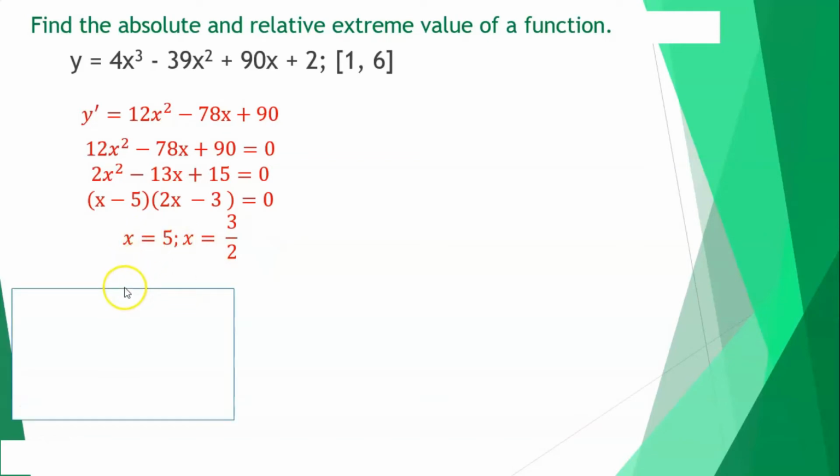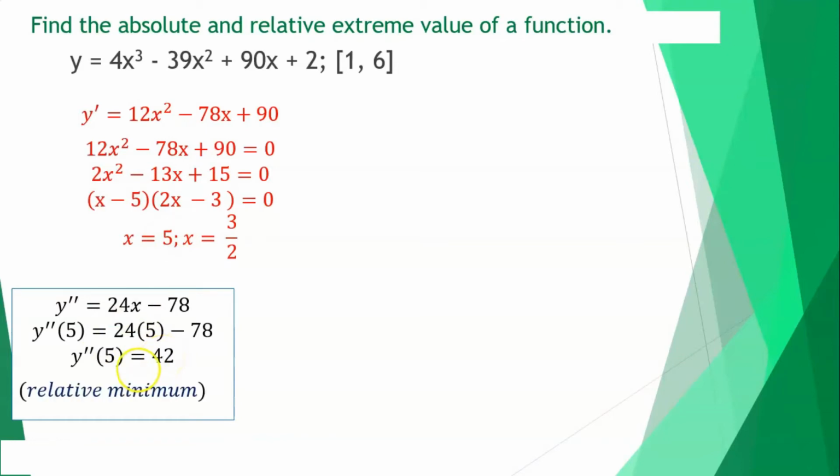Now getting the second derivative of this one, the derivative of this is 24x, derivative of this is negative 78. Now substituting x here by 5, we will end up with positive 42. So since 42 is greater than 0, at this point, it has a relative minimum. Okay, next.